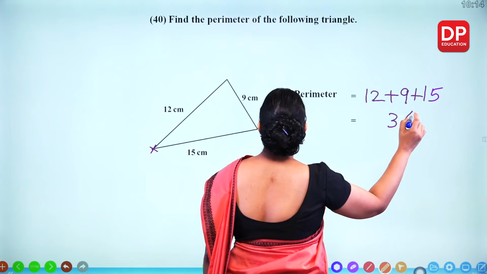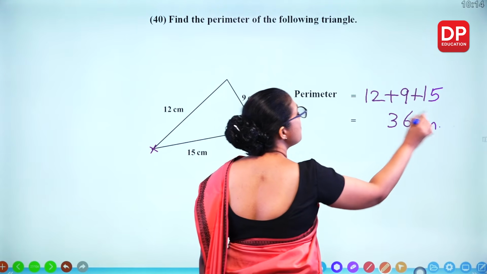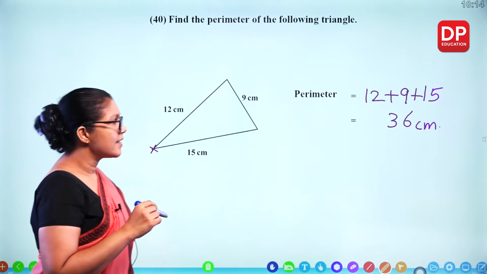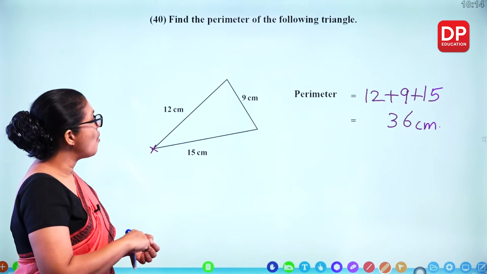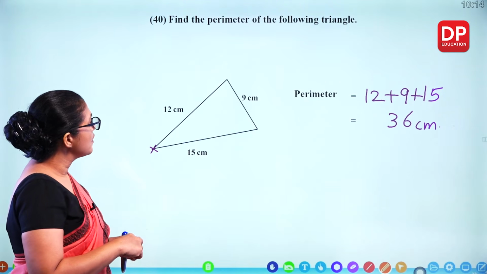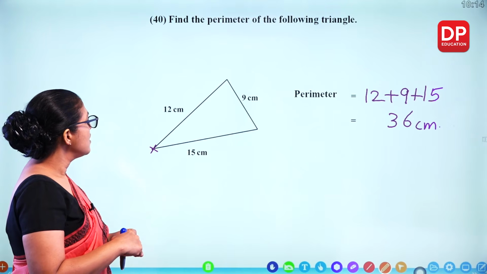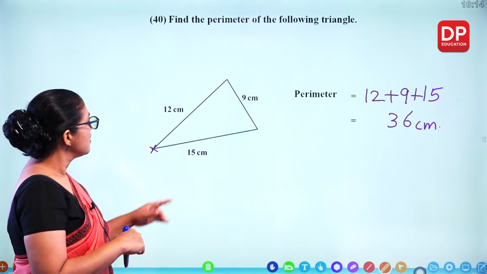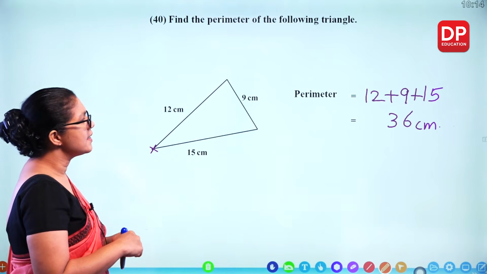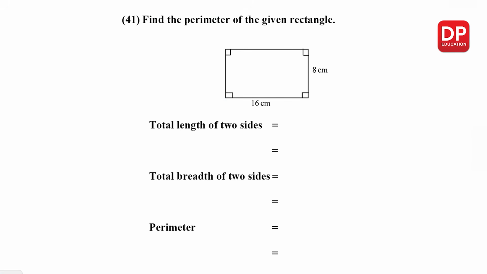So 36 centimeters is the perimeter of this triangle. Just add around the closed figure. 12 plus 9, 21. 21 plus 15, 36.